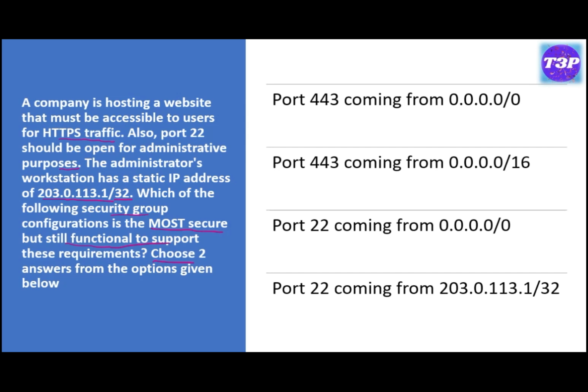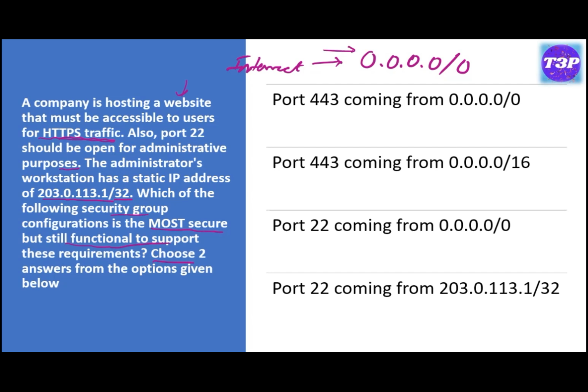The website must be accessible for HTTPS traffic, and as it is a website, we are expecting traffic from the internet. So just understand, whenever we talk about the internet, we have to think about the range 0.0.0.0/0. So it represents the internet.